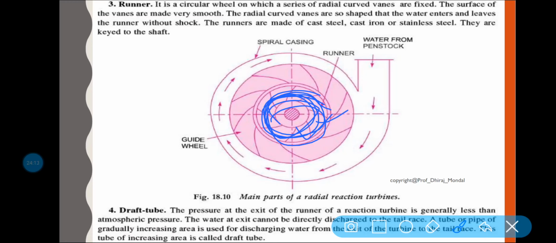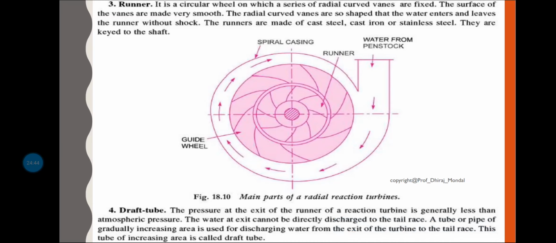The runner is made of cast iron, or it may be made of cast steel or stainless steel, based on the budget and requirement. The runner is keyed to the shaft, that means connected to the shaft, and as the runner rotates, the shaft rotates.